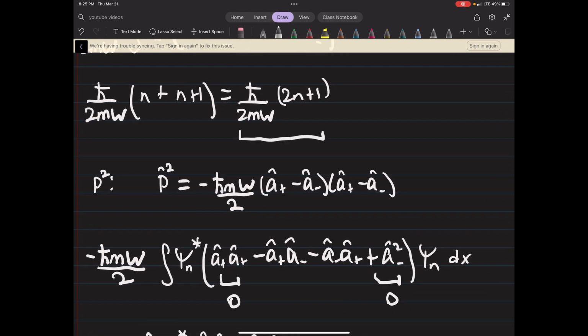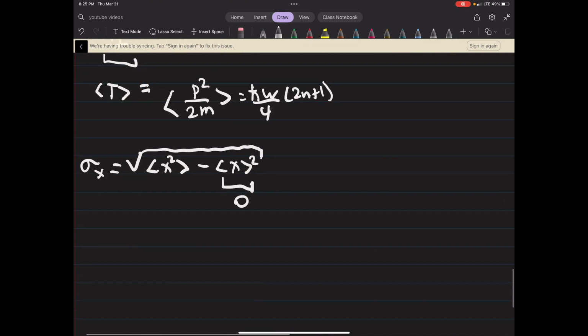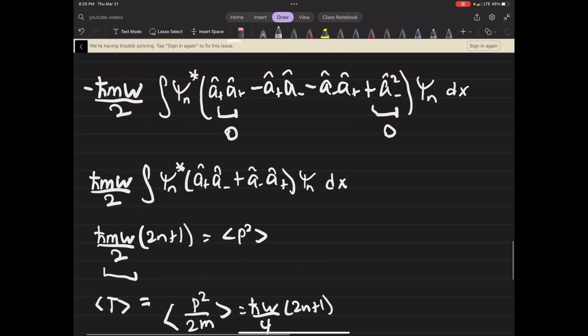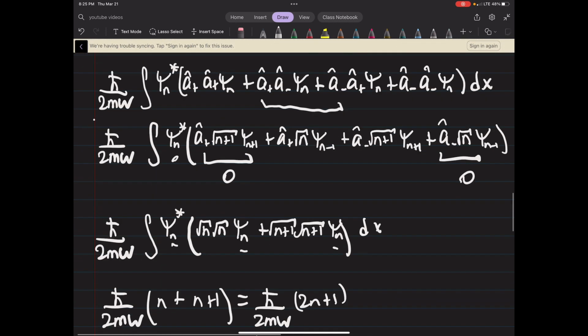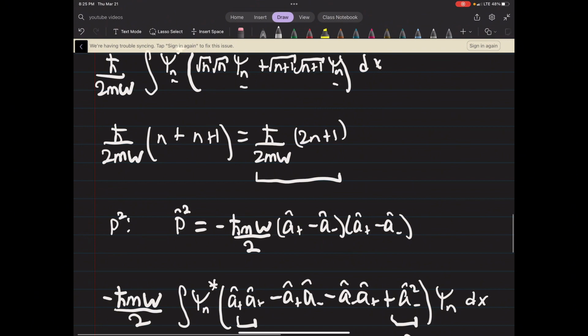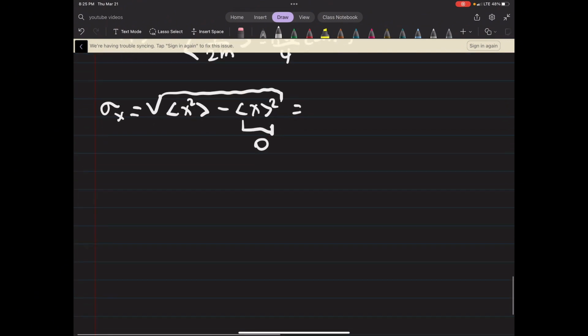So we would want to take the square root of that, so that's fine. So that would be, I love going back and forth, the square root of h bar over 2m omega, times the square root of 2n plus 1.